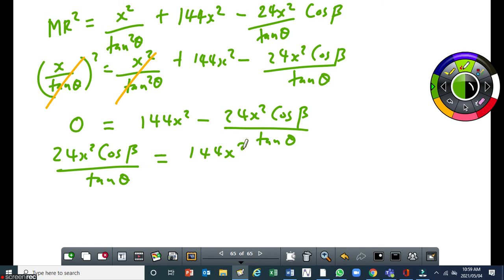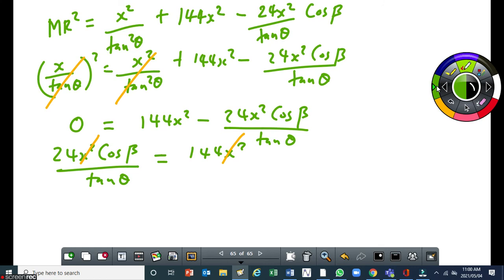Then, I'm sure you can agree with me that because we have monomials on both sides, this x squared and that x squared cancel. Then we can divide both sides by 24x squared. So once the x squared and x squared disappear, there are two ways of carrying on.